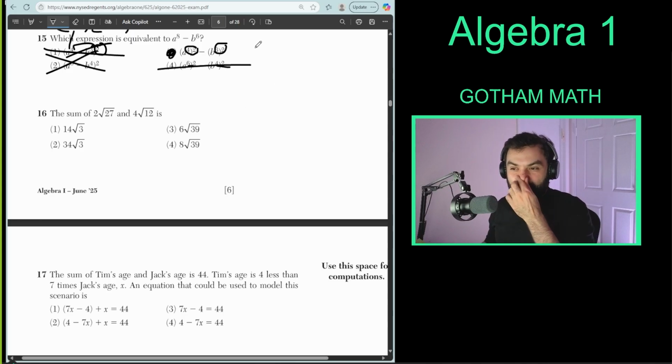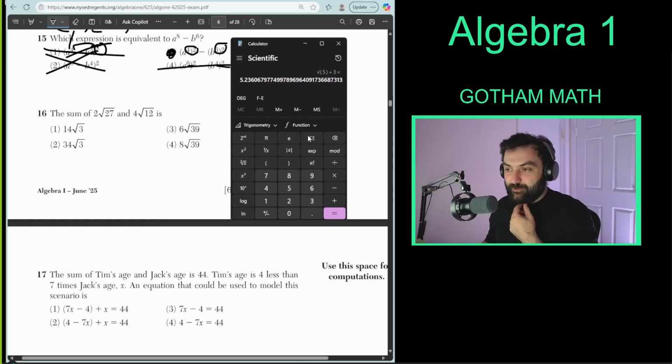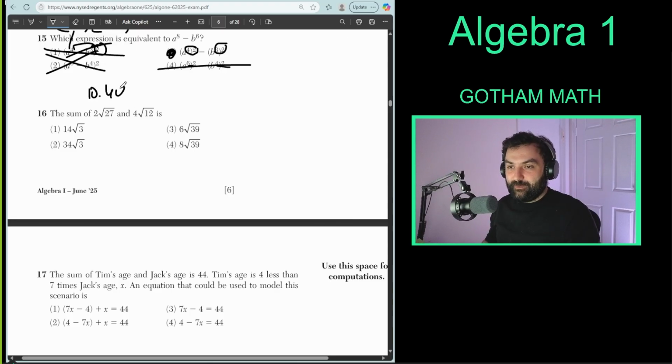But for now, what you could have done is just do it on a calculator. Yes, it's going to take a while, but so what? You can do it literally this way. Square root of 27 times 2. Boom. 10 point whatever, 40. Write it down.